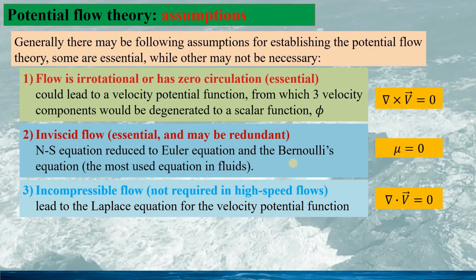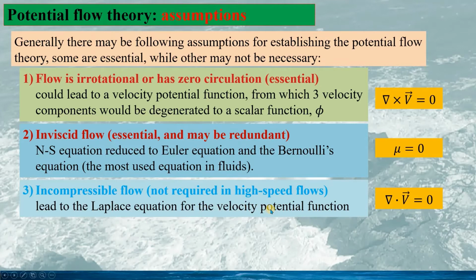And we may need to assume the flow is incompressible. The mathematical expression for the incompressible flow would be given as the divergence of the velocity vector v is 0. This is only applicable when the flow velocity is not very high, and this assumption would lead to the Laplace equation for the velocity potential function.